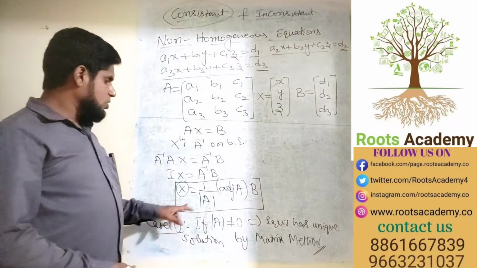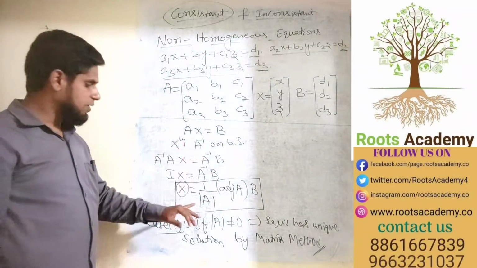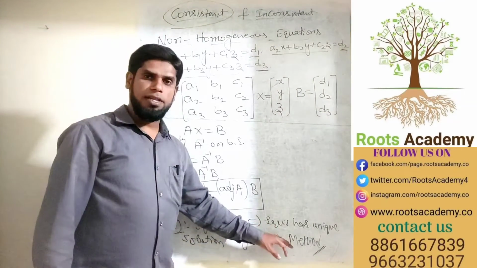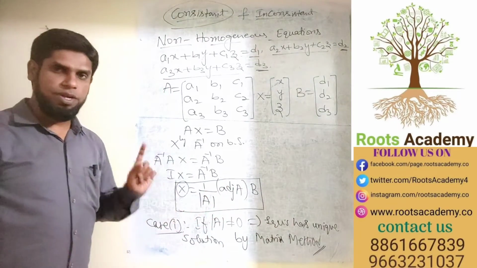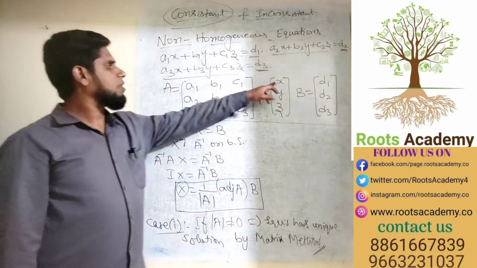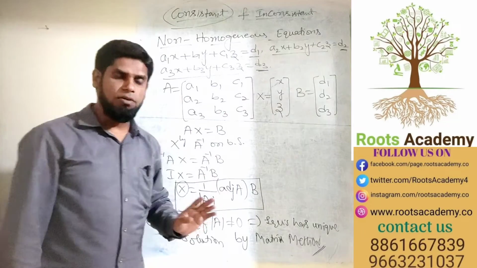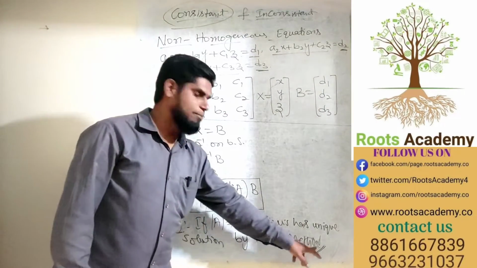So in this concept, if the determinant is not equal to 0, then we can declare that the given equations have a unique solution, meaning the values of x, y, z are unique. And how can we find those values? By the matrix method.